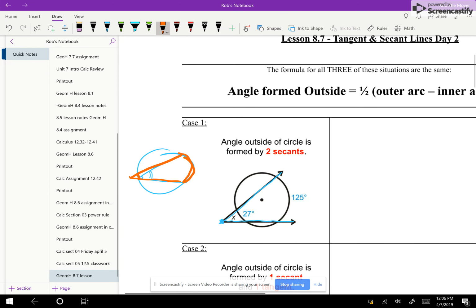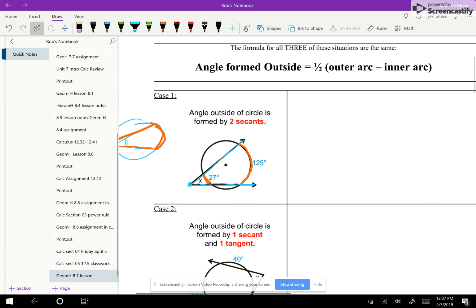So I've moved from an inscribed angle to an angle outside the circle, and now we have to somehow get this arc involved as well as this arc. The formula works out pretty nicely, which is given right up here: the bigger arc minus the smaller arc divided by 2 is the measure of that angle.